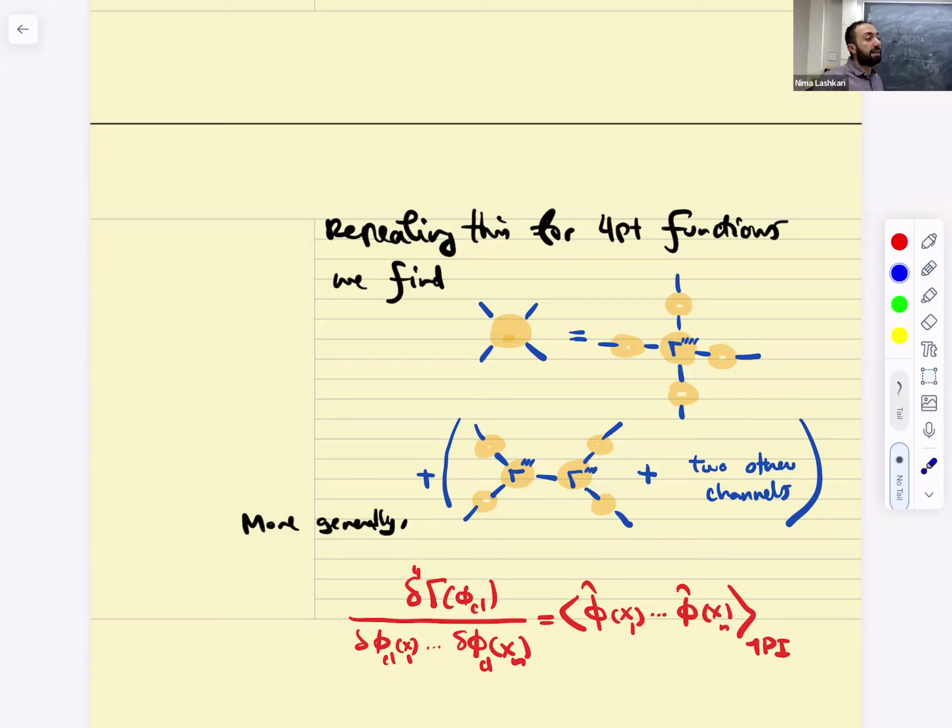And the key intuition is that the second derivative of the effective action is like the inverse of the connected 2-point function. That's the basic idea, that you repeat over and over again.